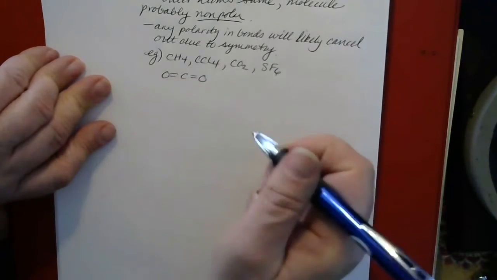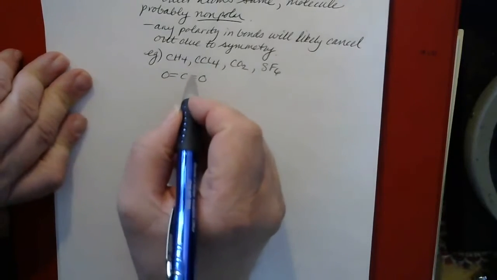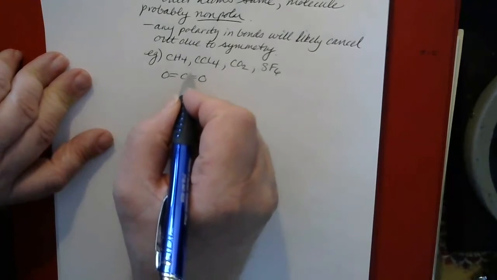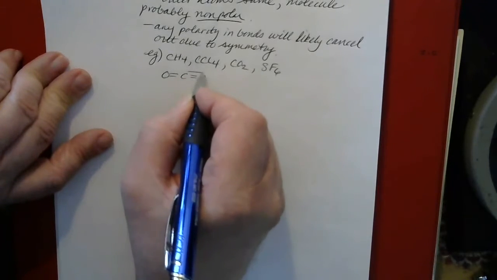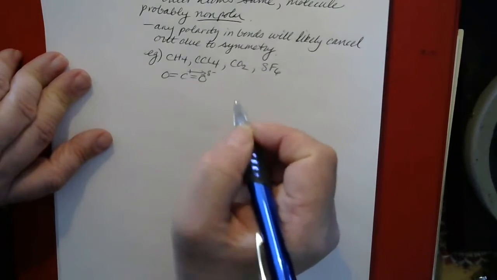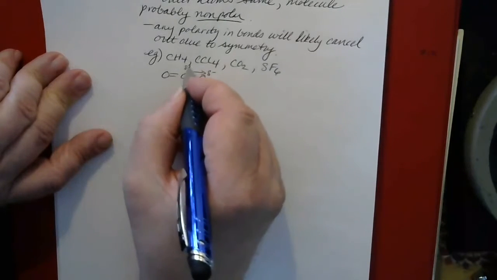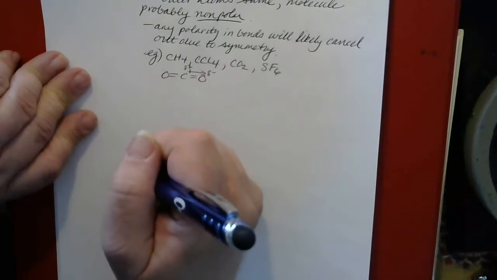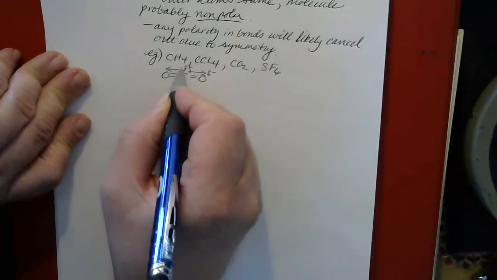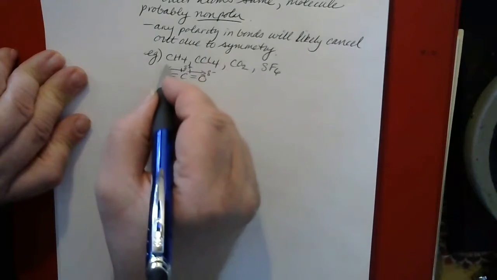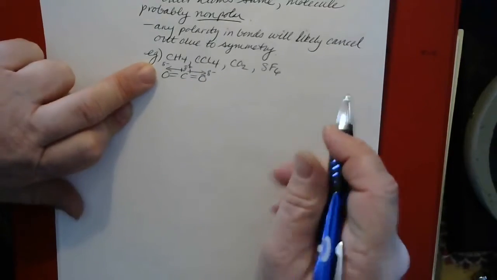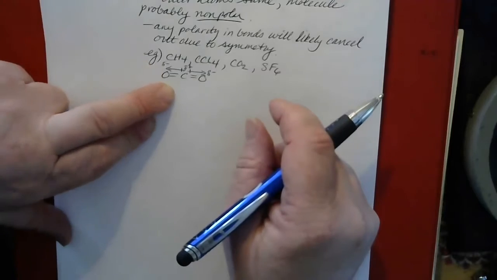For example, in carbon dioxide, the oxygens are more electronegative than the carbon. So this oxygen on the right pulls electrons towards itself and makes that end of the molecule partially negative and the carbon partially positive. But the oxygen on the opposite end pulls electrons towards itself with equal strength, and that end of the molecule ends up being partially negative.